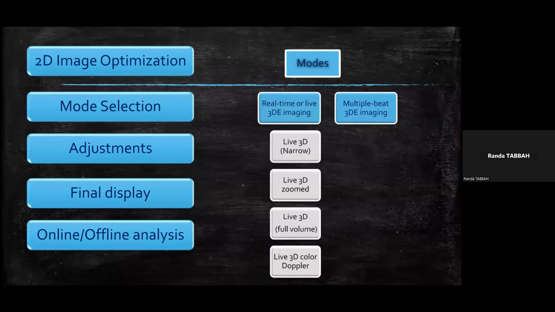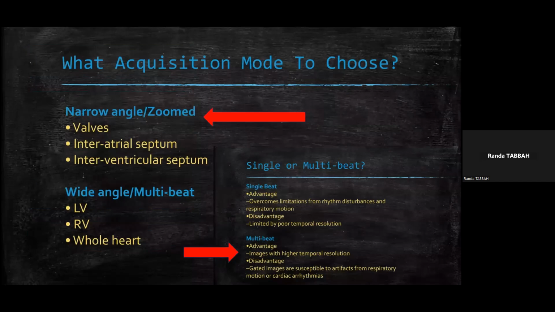We can have live 3D with a narrow view, live 3D with a zoomed view, live 3D with a full volume of the whole ventricle, and even live 3D with color Doppler. We can also have imaging with multiple beats and imaging with single beats. We're going to explain this step by step.